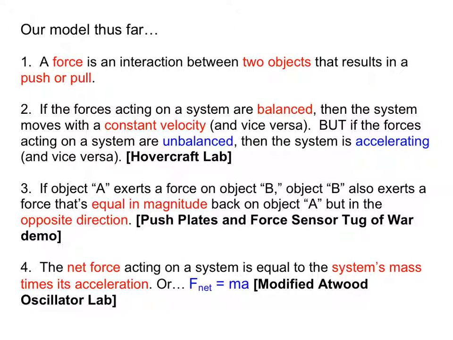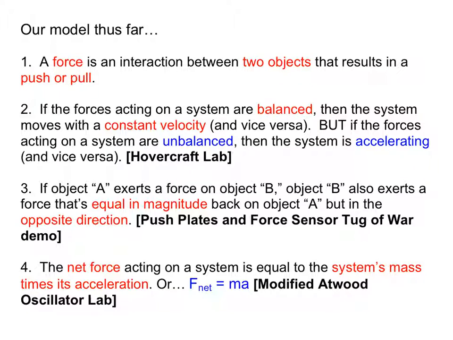Those two ideas are always together. And likewise, we know that if the forces acting on a system are unbalanced, then the system is accelerating, and vice versa. If the system's accelerating, we know the forces acting on the system are unbalanced.